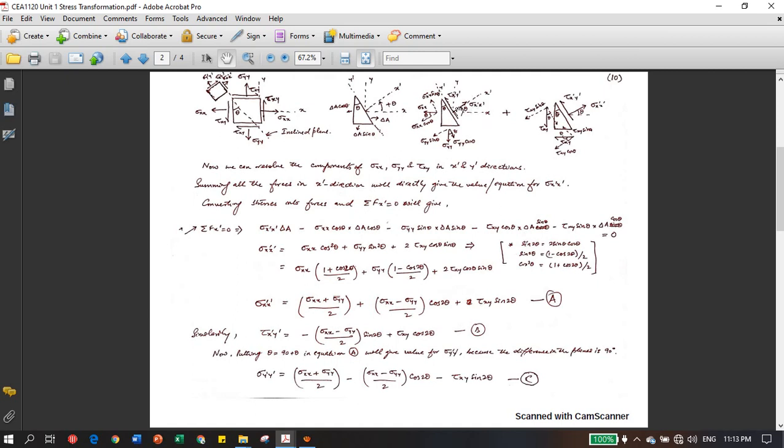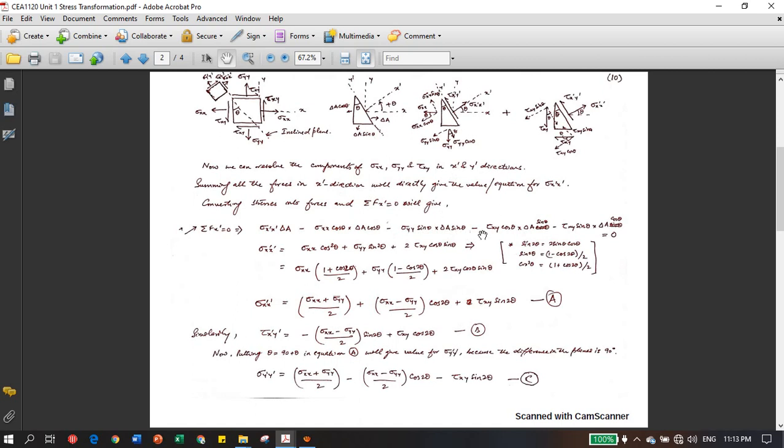So you can see in this direction we are getting positive sigma x dash delta a, minus this force, into this area, and minus this force, sigma y sin theta, into this area, delta a sin theta.